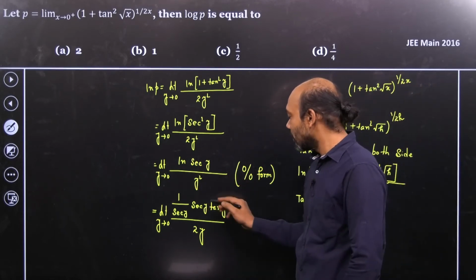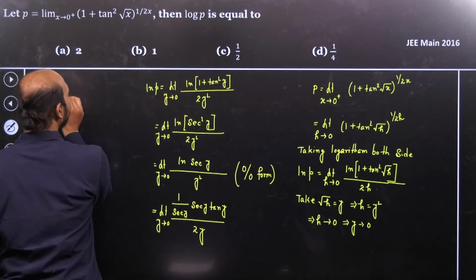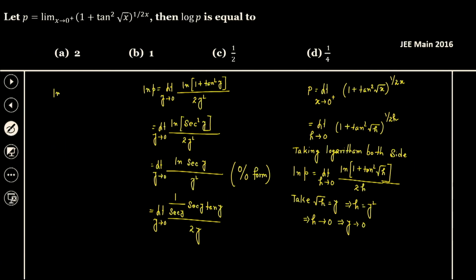So now sec gets cancelled, so therefore the given limit ln P is equal to limit y tends to 0 of tan y divided by 2y. So therefore it's 1 by 2 limit y tends to 0 of tan y by y.